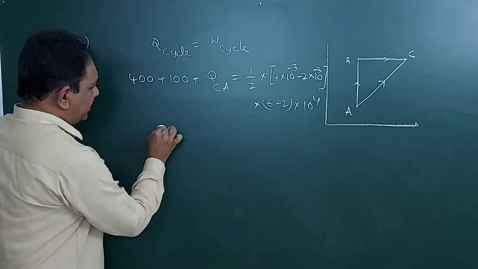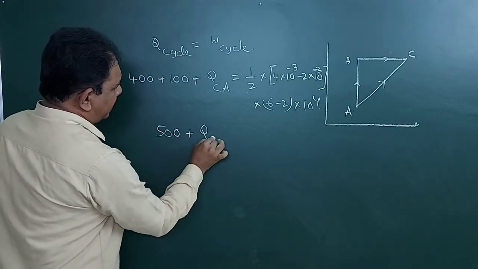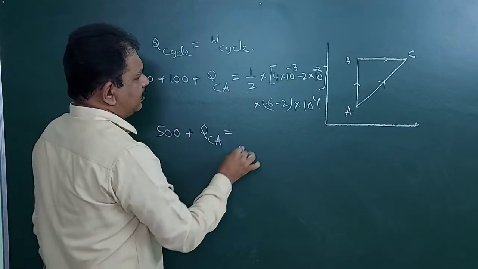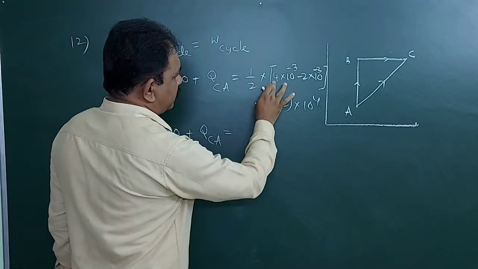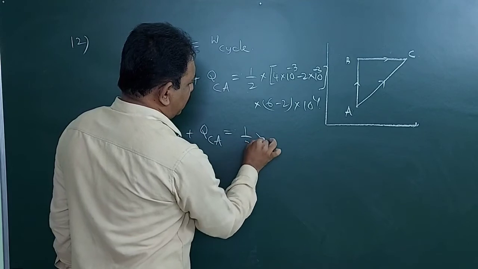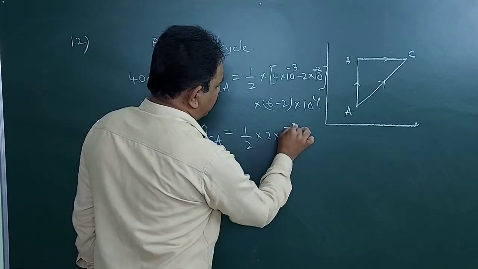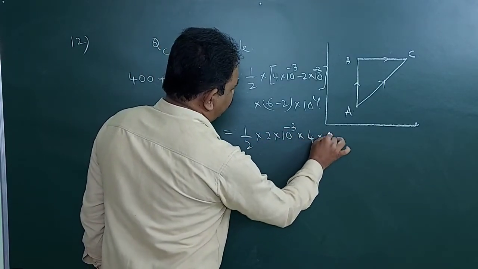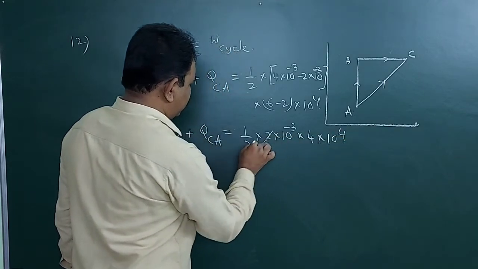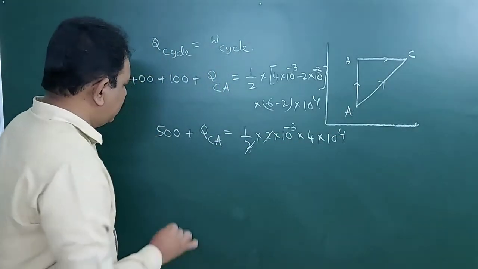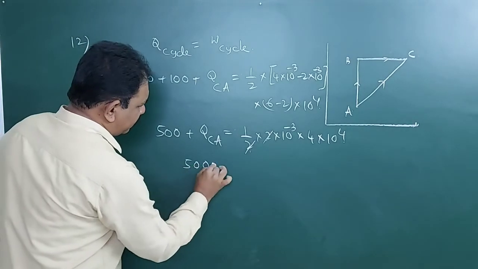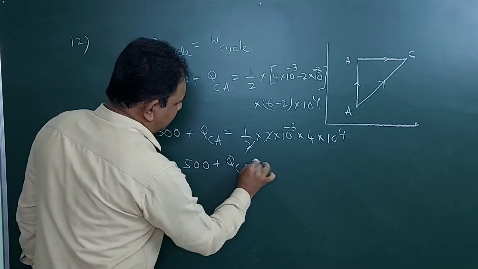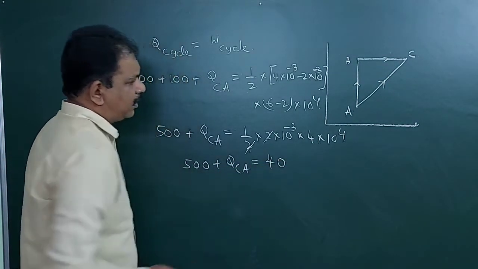So this is 500 plus QCA is equal to 1 by 2 into 10 power minus 3, 4 into 10 power 2. Okay. So 500 plus QCA is equal to 40.